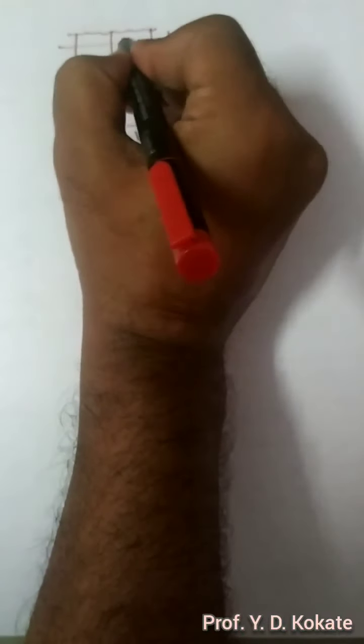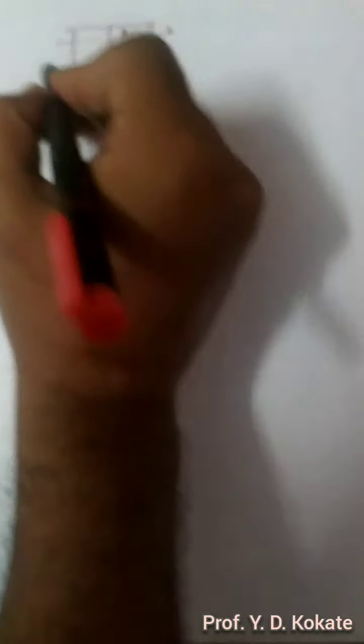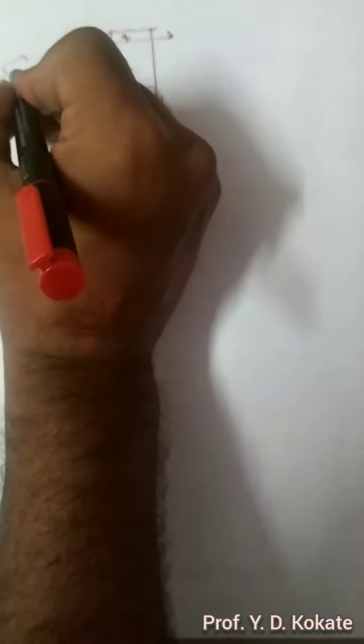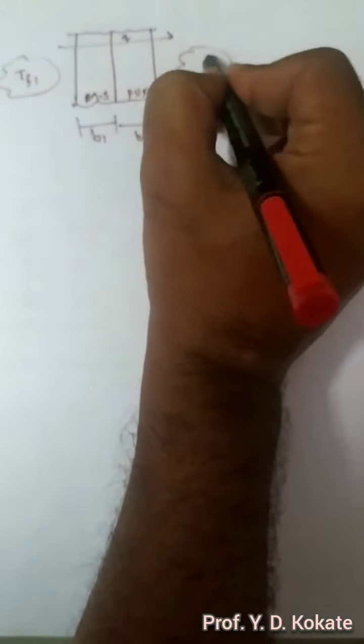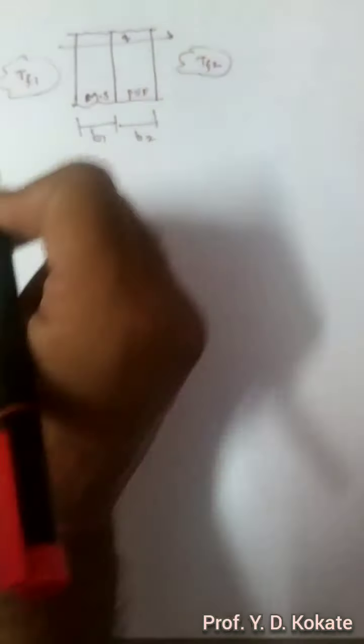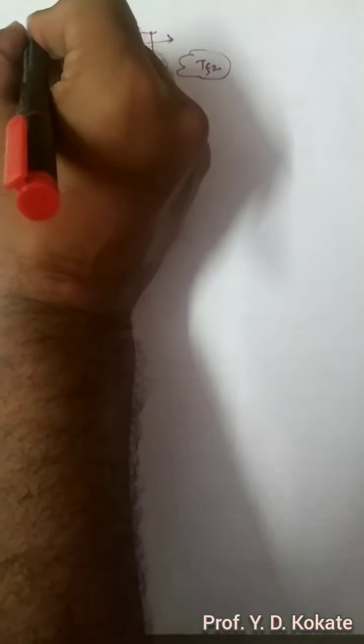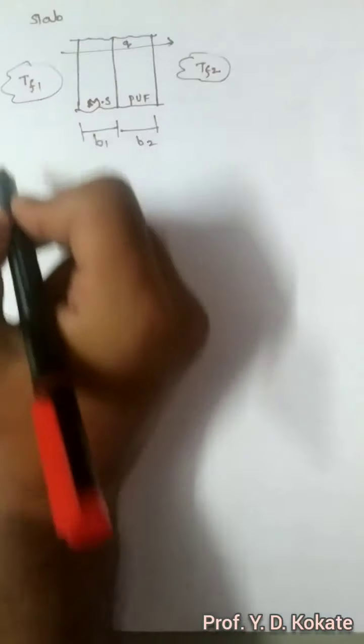Now the heat transfer direction will be this one, so I call it Q, and here the temperature of the outer side is TF1 and the inner side I call TF2. This is a case of a slab or wall.